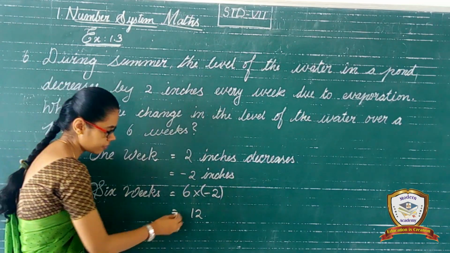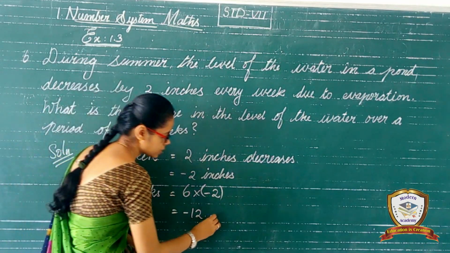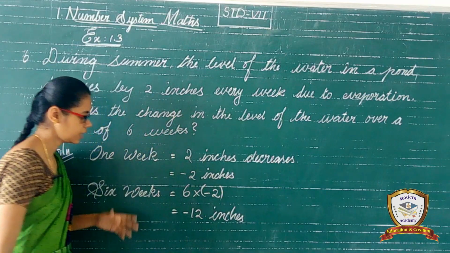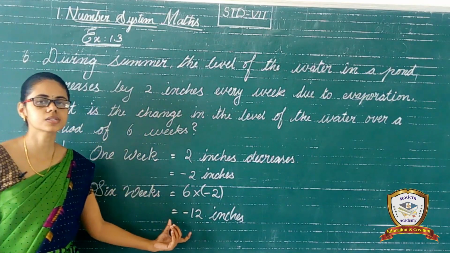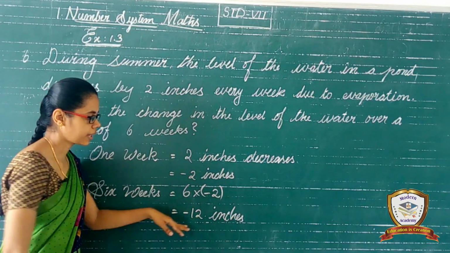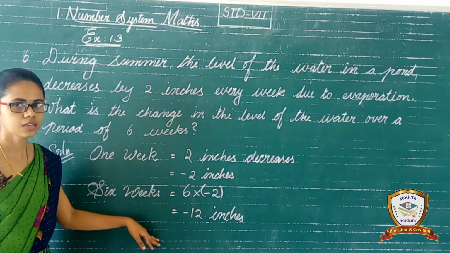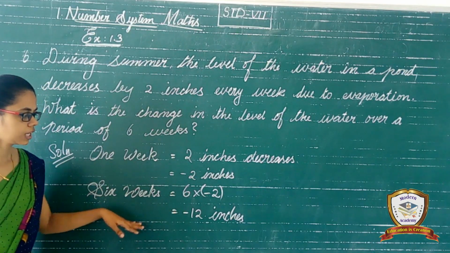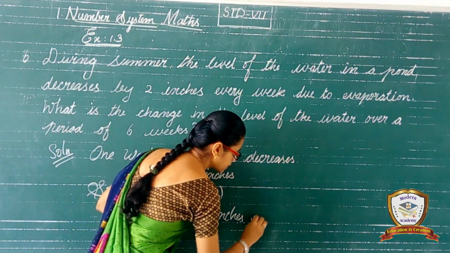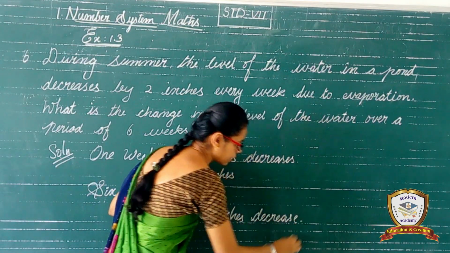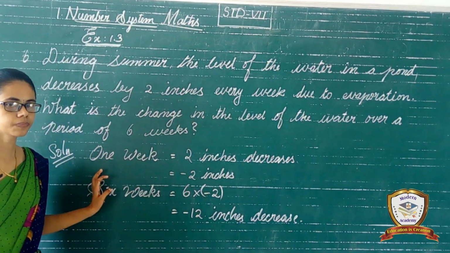Minus sign in our answer. So minus 12 inches. In 6 weeks, 12 inches decrease. So we have to write minus 12 inches. So finally, in 6 weeks equal to minus 12 inches decrease. Can you understand this?